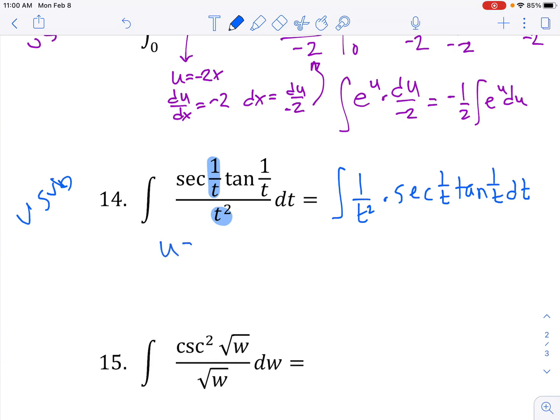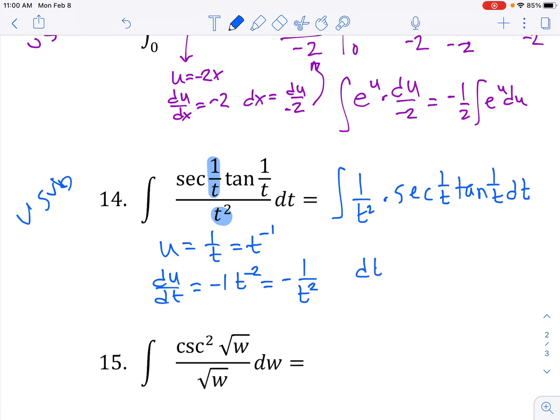Okay, so we'll let u equal 1 over t. That's t to the minus 1. Right, that's how we need to think about it to do the power rule. Differentiating, du dt equals minus 1 t to the minus 2, so that equals minus 1 over t squared. So the only thing we don't have is the minus 1.